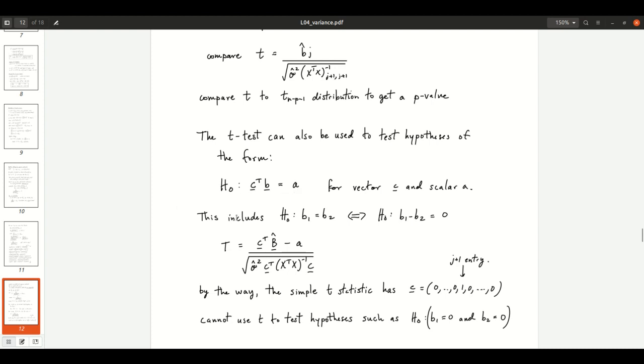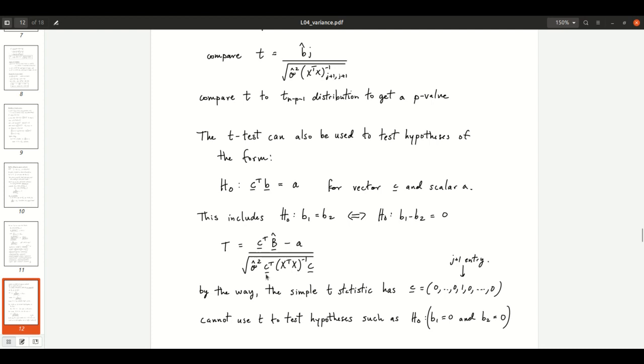The reason for this is because c transpose b hat is just a linear combination of entries of a multivariate normal. So therefore, this thing has a normal distribution. Subtracting off its hypothesized value, and then we're dividing by the right thing to make this have a t-distribution.